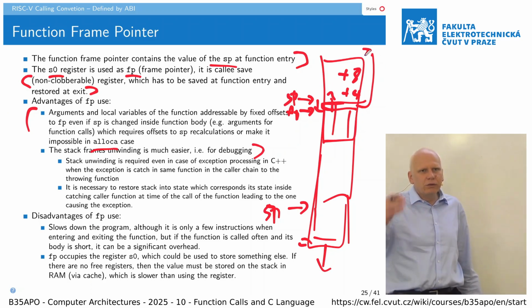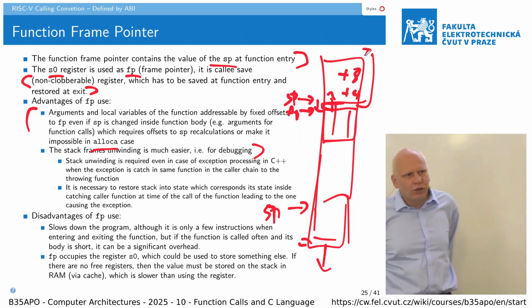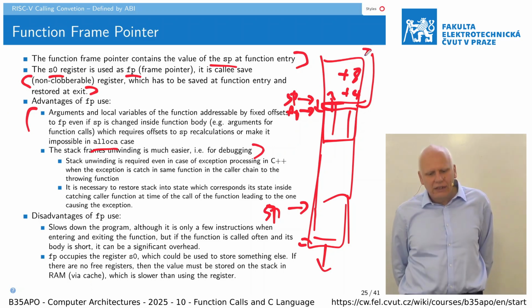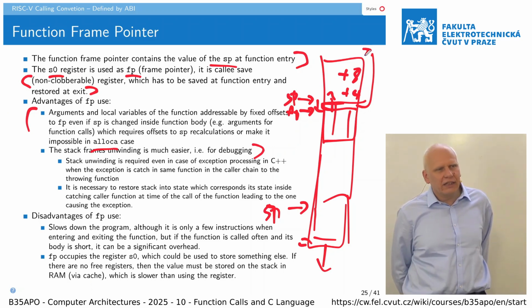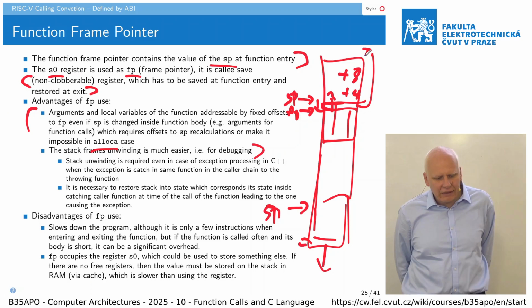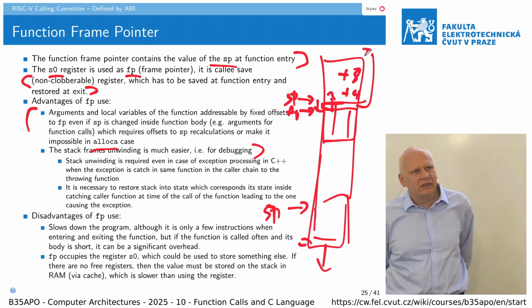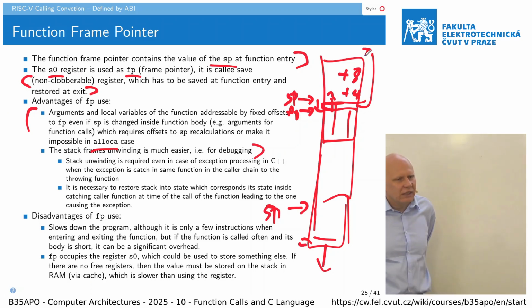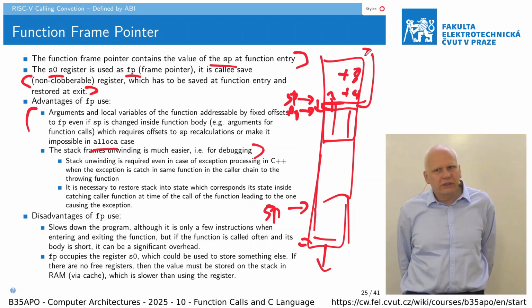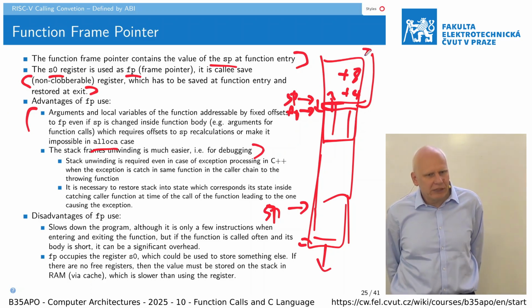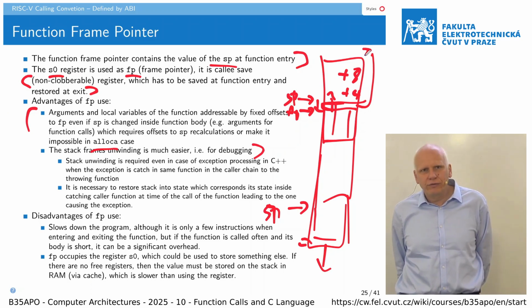So this way you can very easily do so-called stack unwinding, which is the analysis of the stack in the debugger. Stack unwinding is very important if you want to process C++ exceptions without the complexity of longjmp and so on.